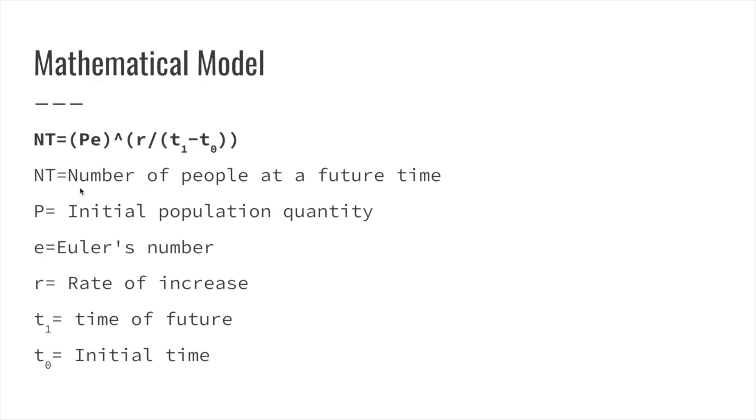And here we can see N(t) represents the number of people at a future time, which is what we're trying to find. P equals the initial population quantity. e is Euler's number, and this is to the power of r, which is the rate of increase, divided by the subtraction of the future time and the initial time.